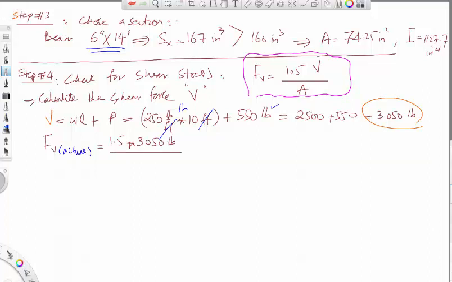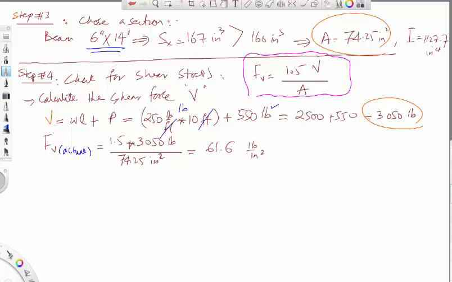The area from the table is 74.25 inch square. The outcome of this calculation will be pound per inch square, so that is good. The result is equal to 61.6 pound per inch square.